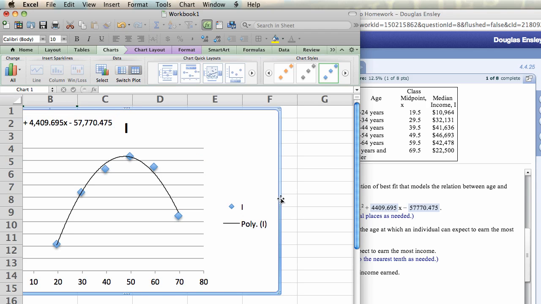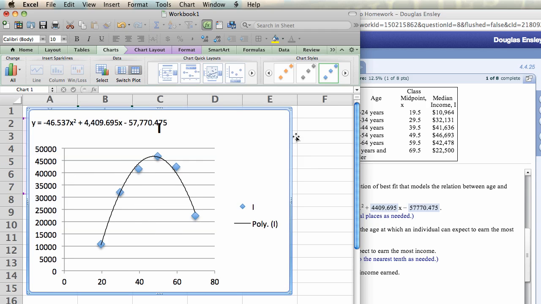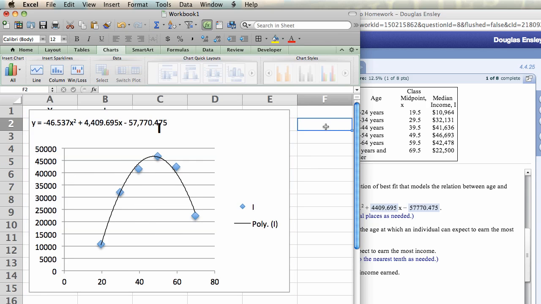And that's an easy question because I have the equation of the parabola. Let me make this a little bit smaller so I can see it. I have the equation of the parabola sitting right in front of me. So I could even use Excel as my calculator. You can certainly just do it on your own calculator. But remember, my x-coordinate of my vertex is negative b over 2a. So I can type negative 4409.695 divided by 2a will be 2 times negative 46.537.